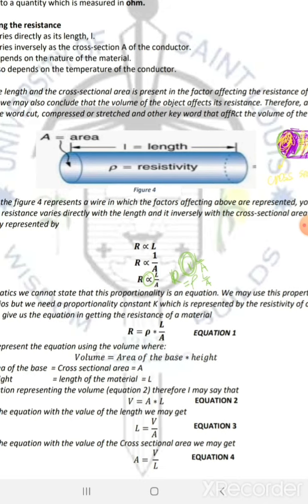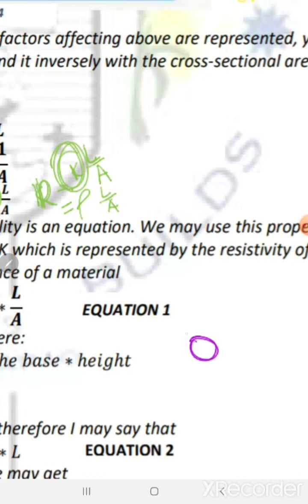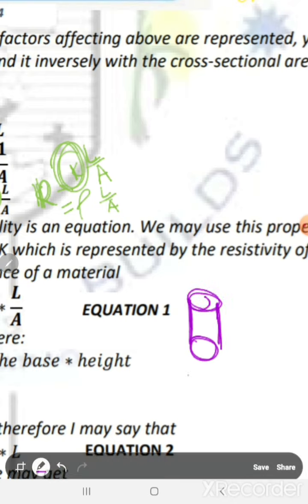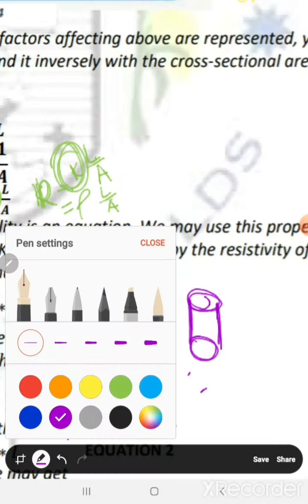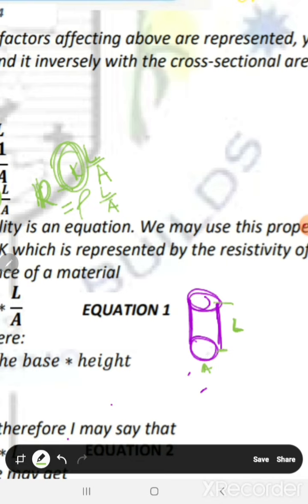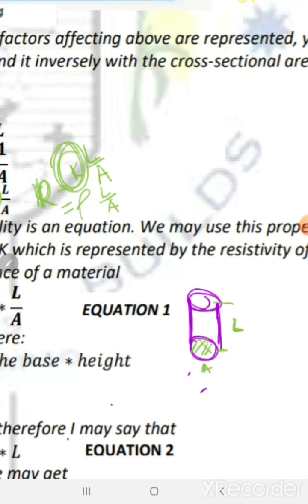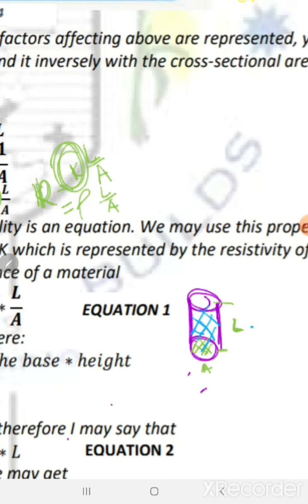But always remember that in a cylinder or in a given volume of a conductor which has your area and your length, always remember that this volume, this area, and length can be rewritten into a volume, right?